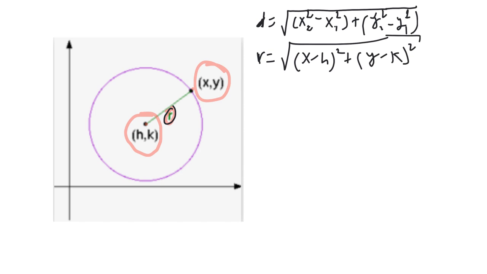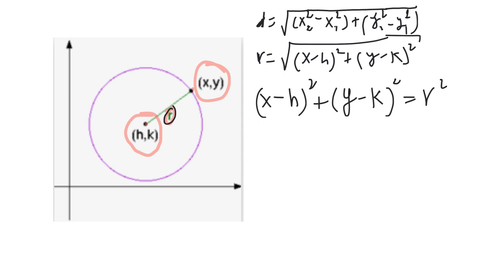Now if we square both sides, then we should get (x minus h) squared plus (y minus k) squared equal to r squared.